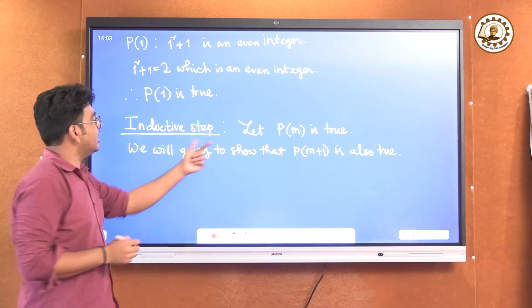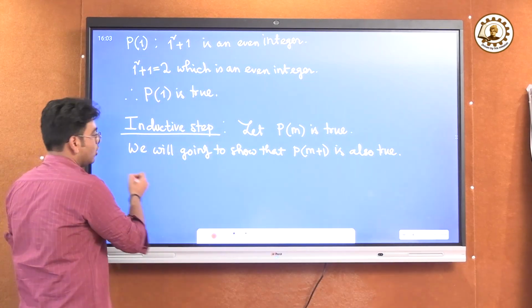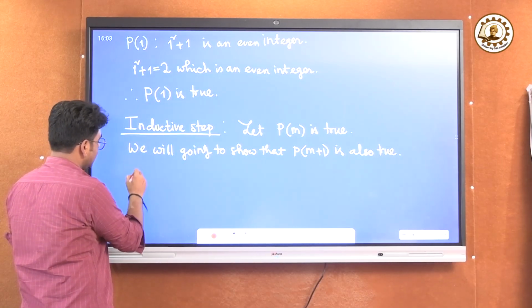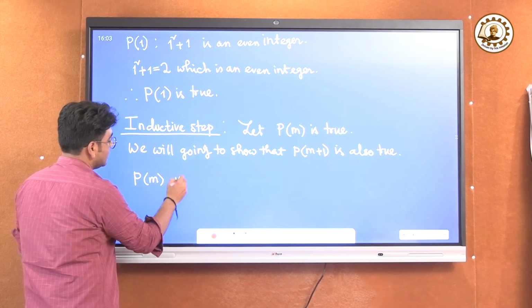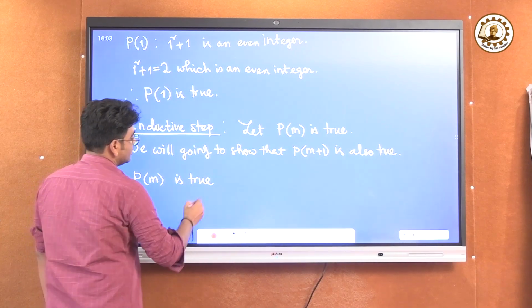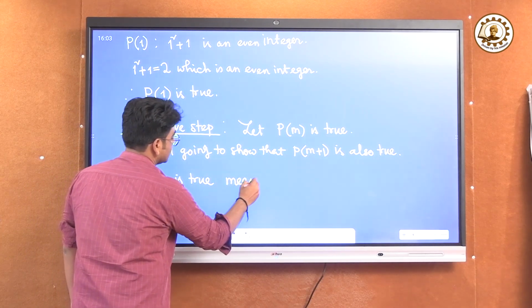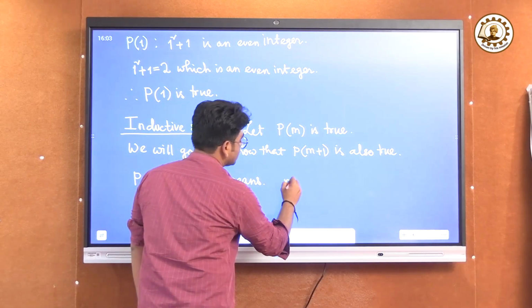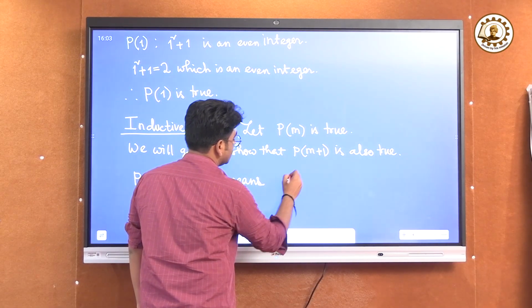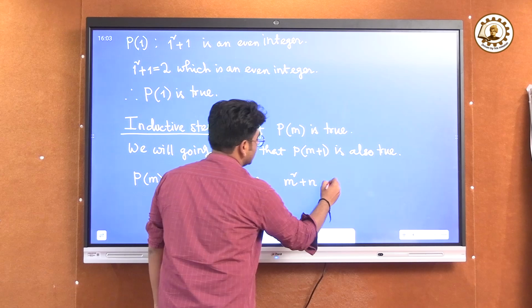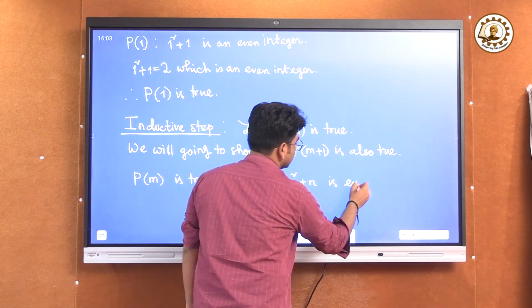So we have assumed that P(m) is true. Now P(m) is true means m square plus m is even.